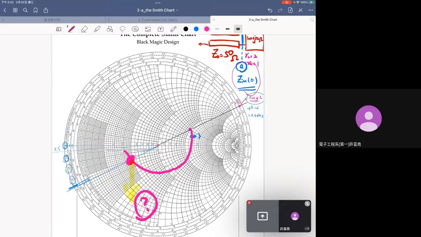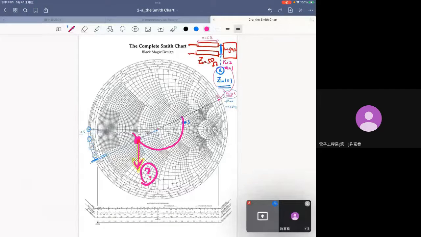The new impedance here is the impedance after the new length of your transmission line. Remember this new impedance is normalized. So if you want to know what the impedance is, you need to multiply by your characteristic impedance again. Okay?